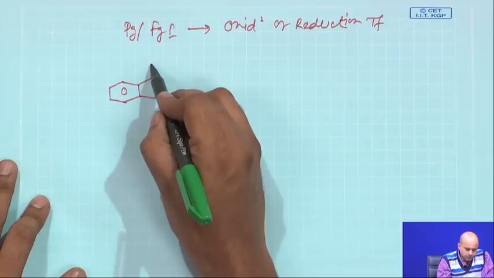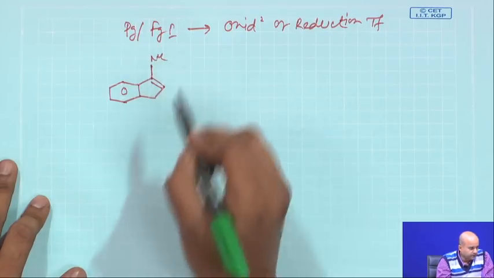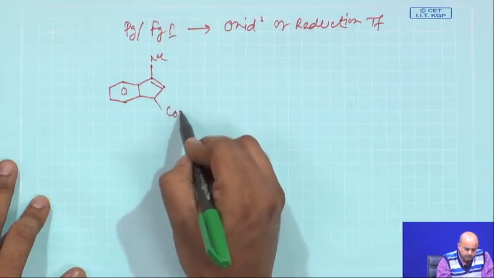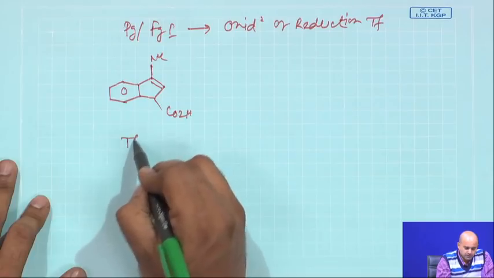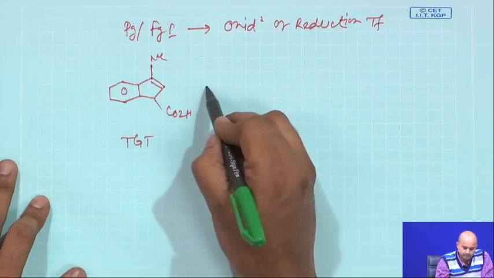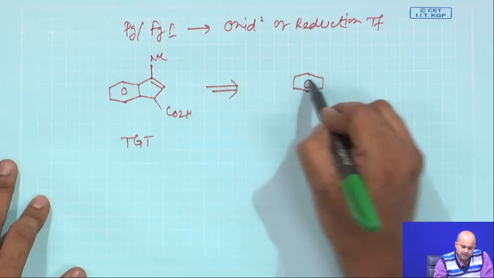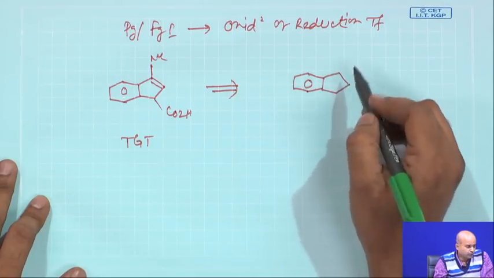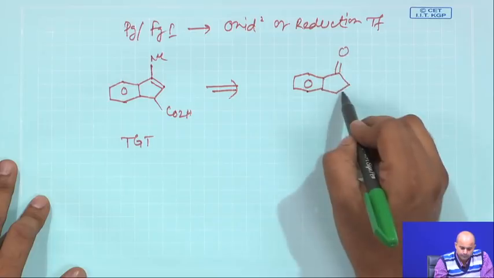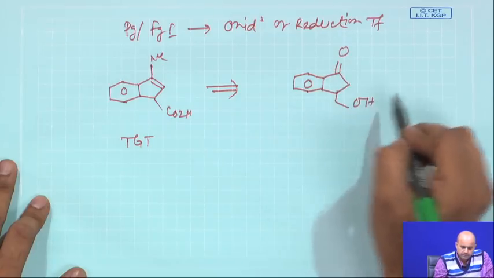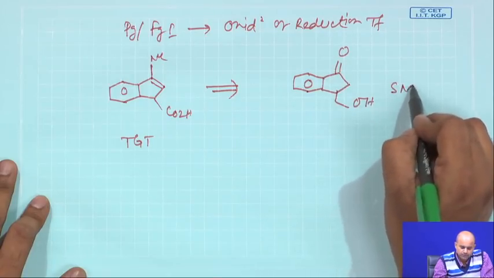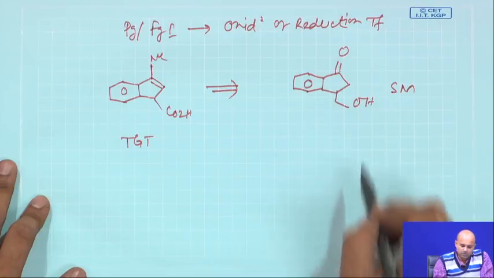The compound which was given to you as a target molecule, you see the structure, this is the target, and the starting material which was also given to you is basically a keto alcohol.